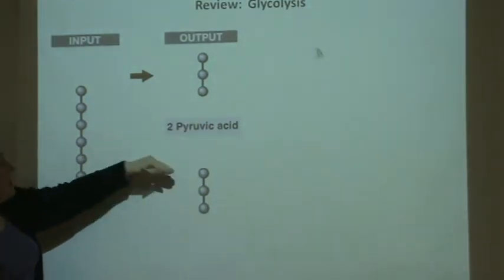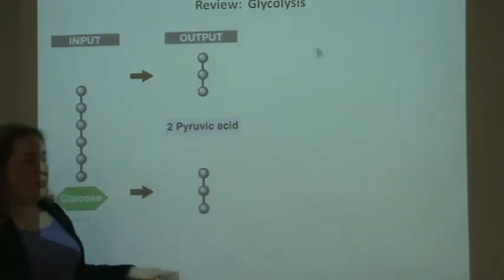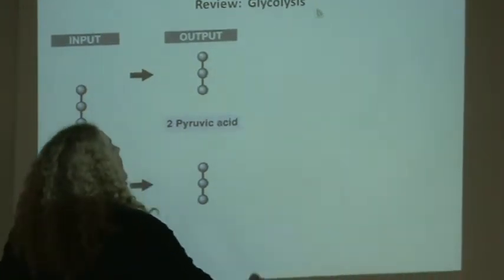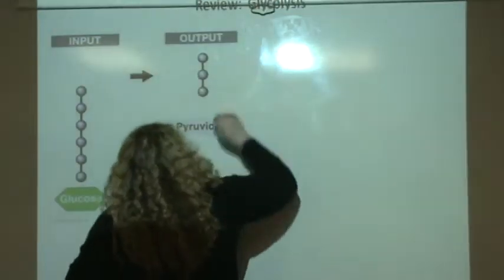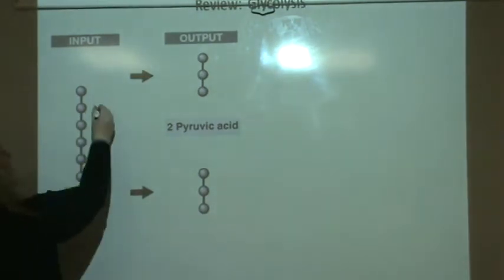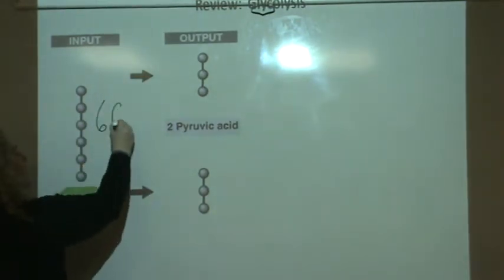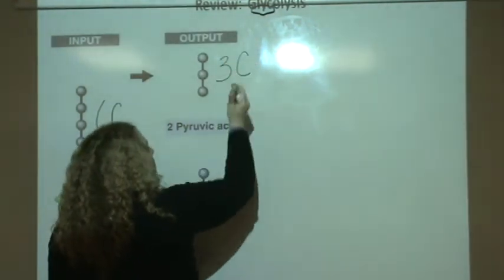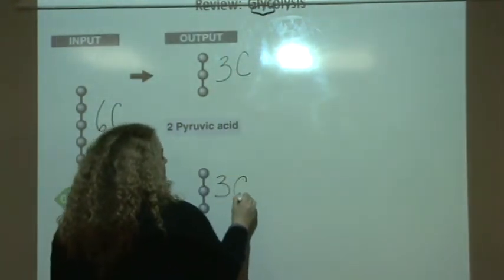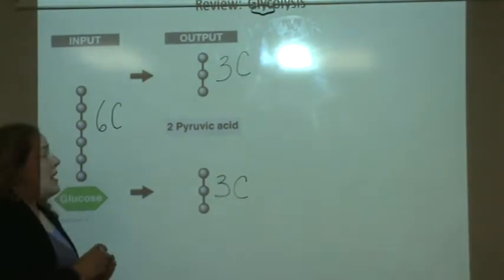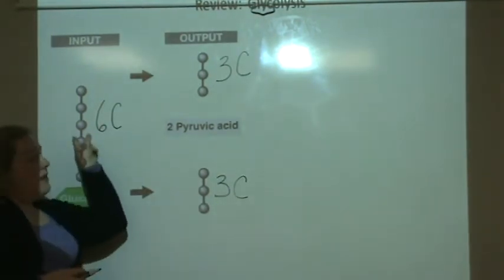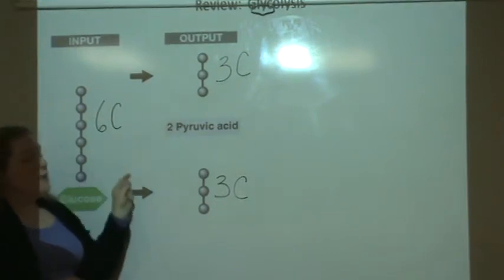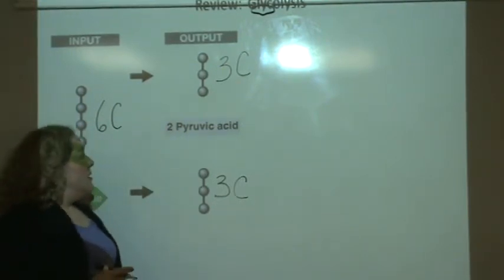So glucose has been split in half, and I'm going to pull the screen up for a minute and write something here. So we have a 6-carbon glucose being broken down into 2 3-carbon pyruvic acids.